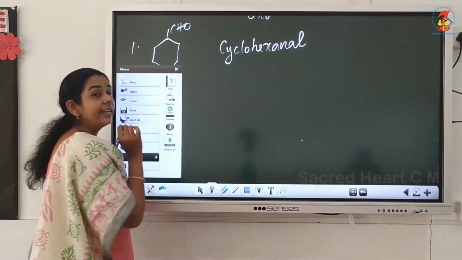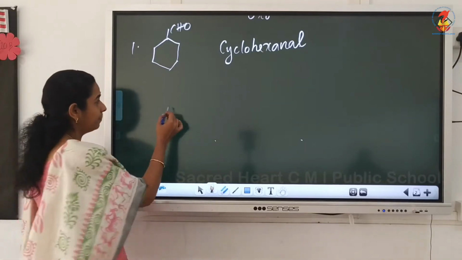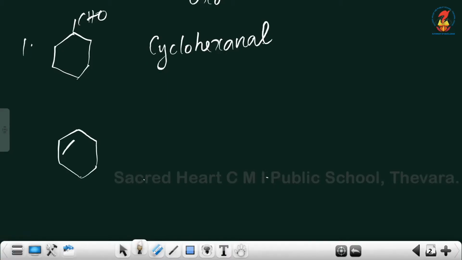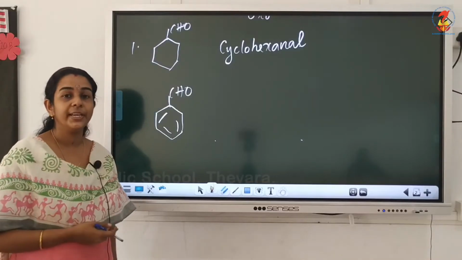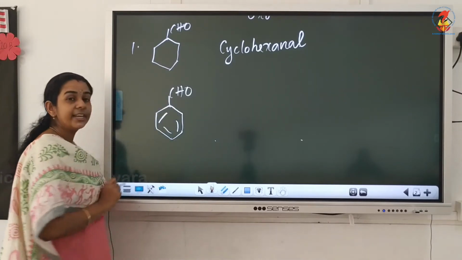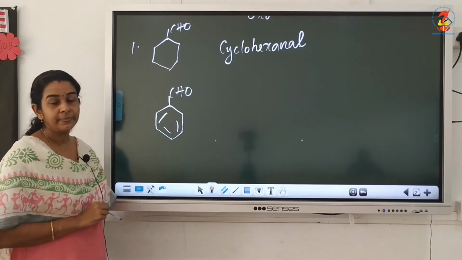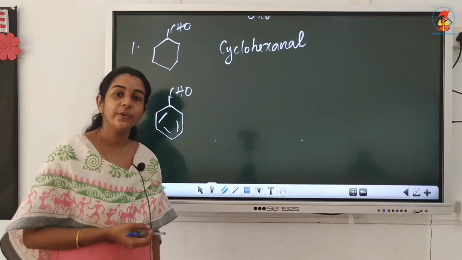When an aldehyde group is attached to a ring, for example, what is this compound? We know the very familiar benzaldehyde. When a CHO group is attached to any ring system, we can use the word carbaldehyde instead of al.